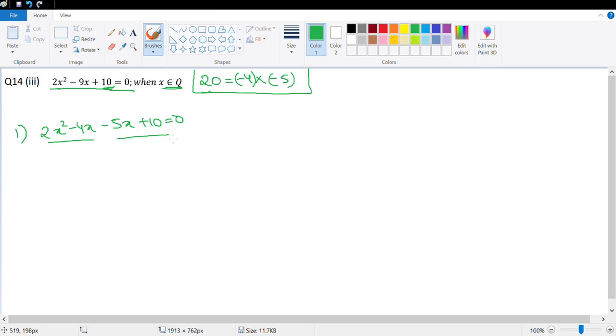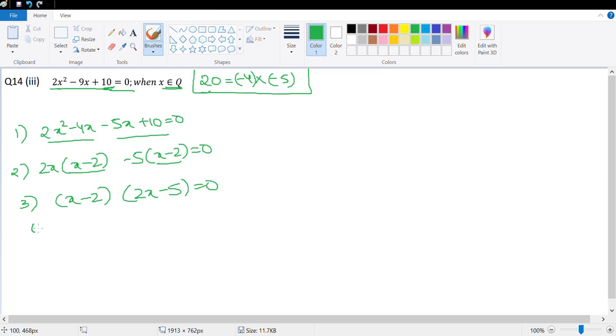Grouping it the way I've underlined, we get 2x times x minus 2 minus 5 times x minus 2 is equal to 0. x minus 2 is common, so we have x minus 2 times 2x minus 5 is equal to 0. This gives us x minus 2 is equal to 0, or 2x minus 5 is equal to 0. This gives us x is equal to 2, or x is equal to 5 by 2.